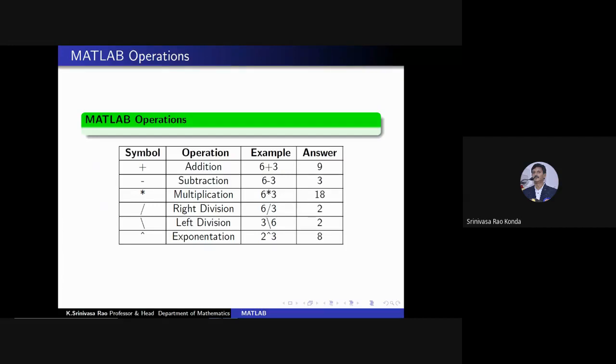One thing I would like to tell you, I'm assuming each one of you is new to MATLAB. I'm starting this MATLAB course by assuming that. MATLAB operations, as usual: plus for addition, minus for subtraction, asterisk or star for multiplication, right division for division, left division for this, hat symbol or cap symbol for exponentiation.